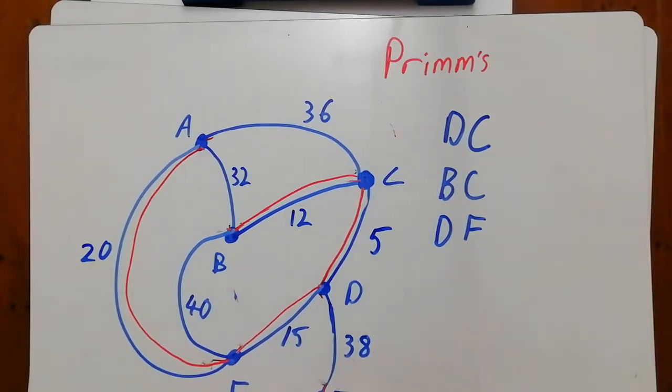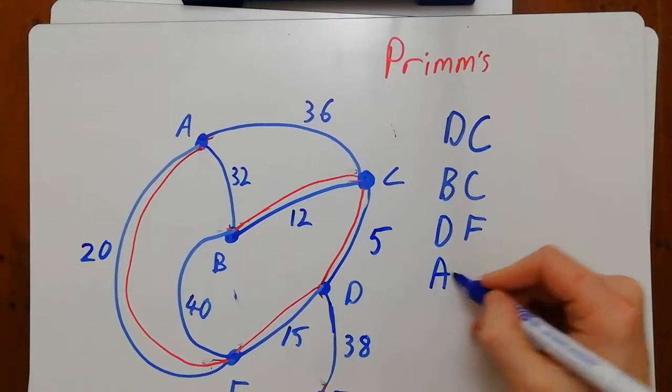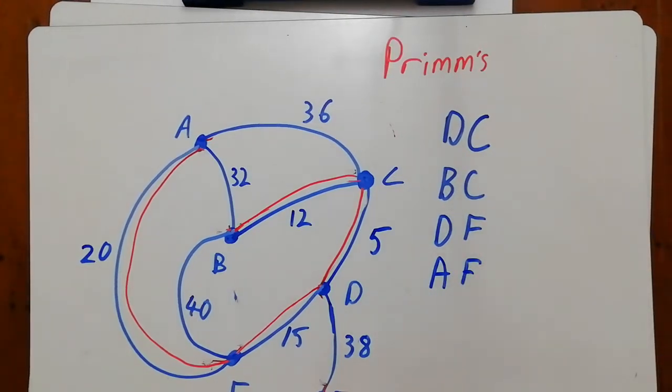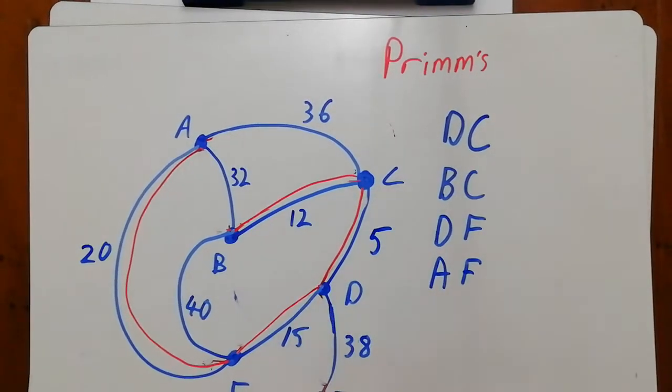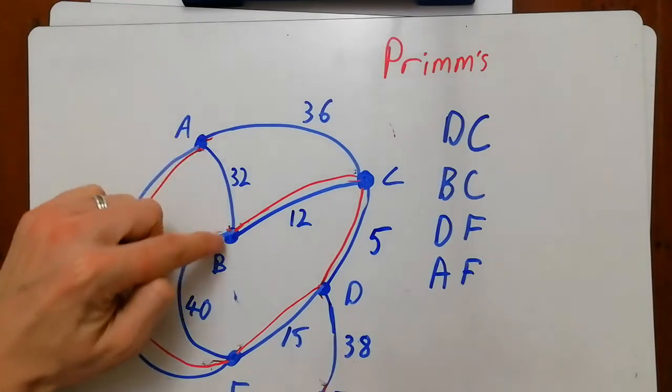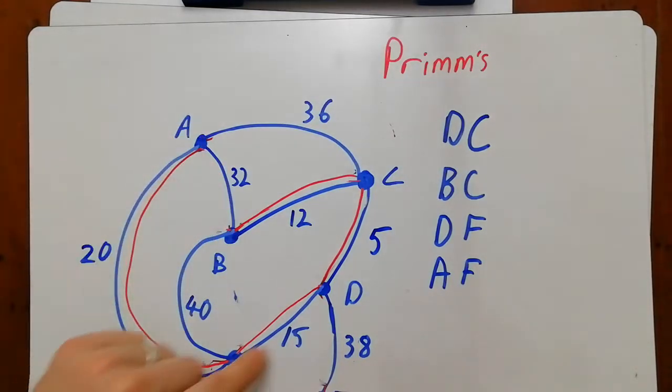Okay, now we run into a slight problem. The next shortest arc that I would have to add is A to B. However, AB, if I were to add that, would create a closed loop.